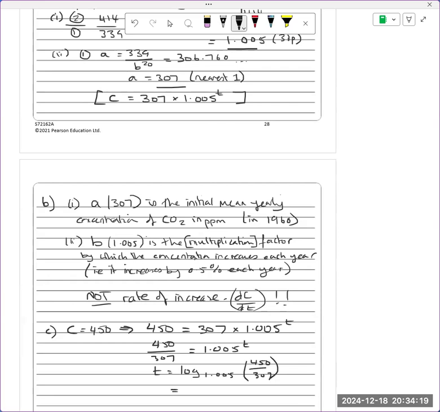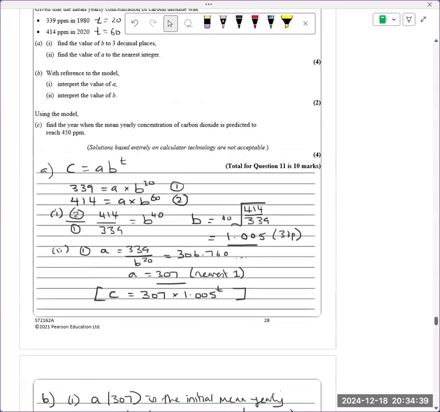So t is log base 1.005 of 450 divided by 307, and that comes out to be 76.671 years. Have we answered the question? The question is, find the year when the mean yearly concentration is predicted to reach it.